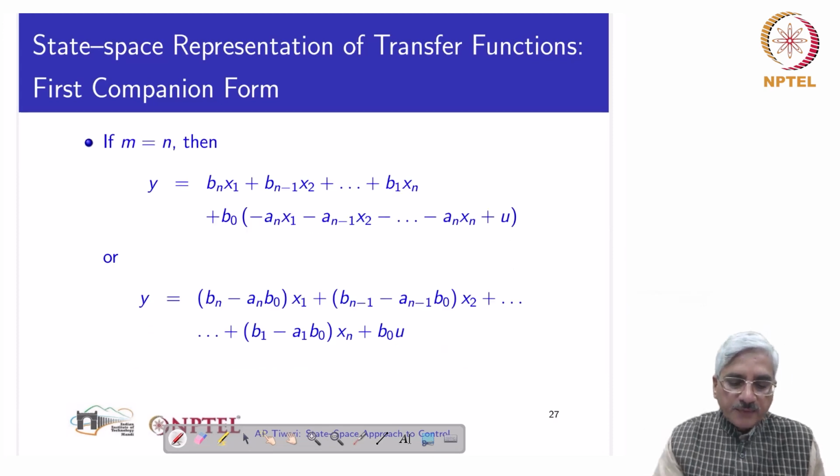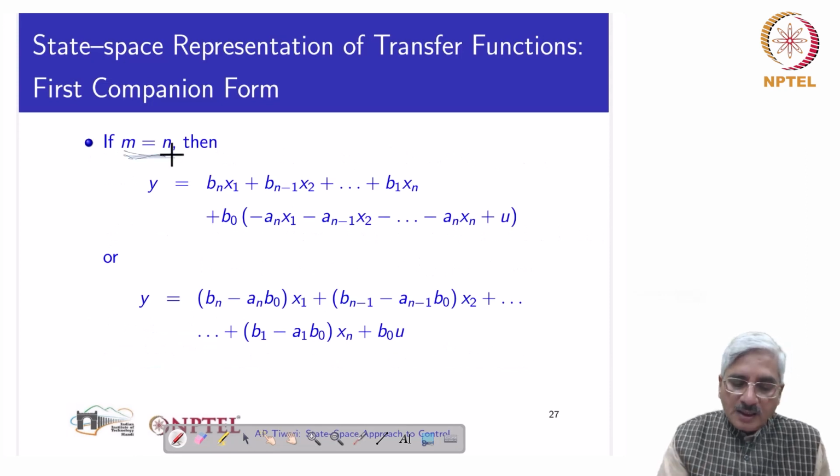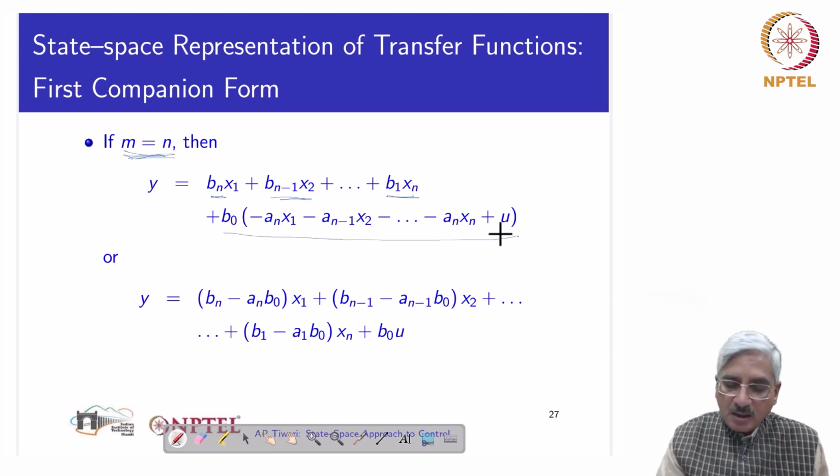However, if m is equal to n, then y will be bn x1, bn minus 1 x2 etc. up to b1 xn, plus another term will come. This is because d power n z gets represented in terms of d power n minus 1 z, d power n minus 2 z etc. up to z.